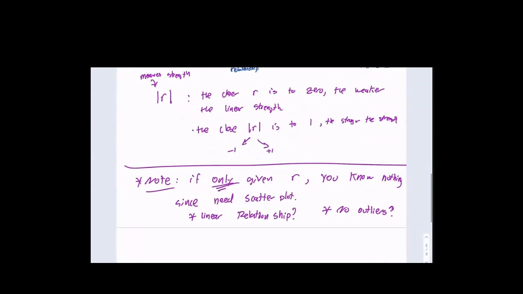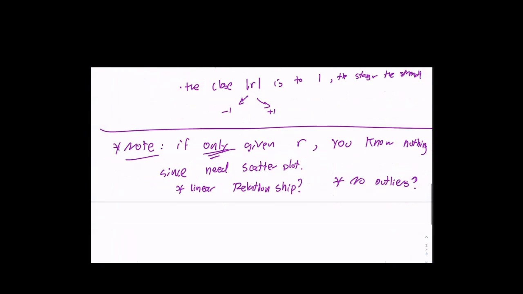So what I'm trying to point out here is that if I told you R is 0.5, now you may assume a linear relationship and no outliers. But typically, you gotta read the problem, read the room. I like to say it.